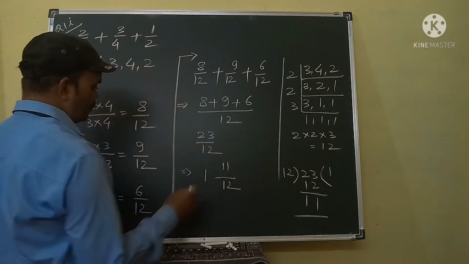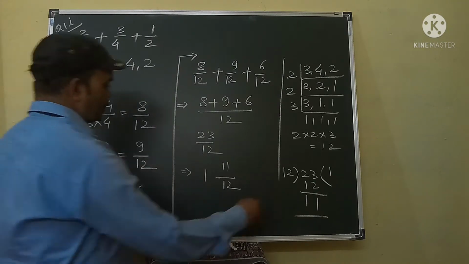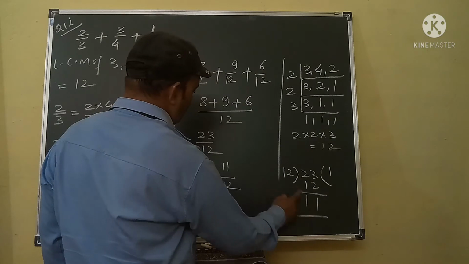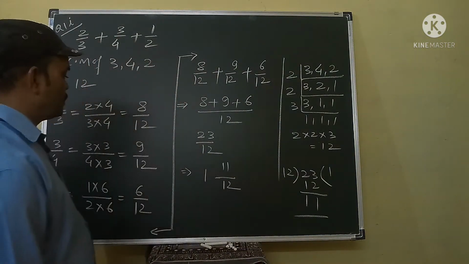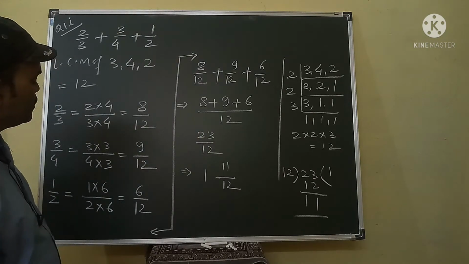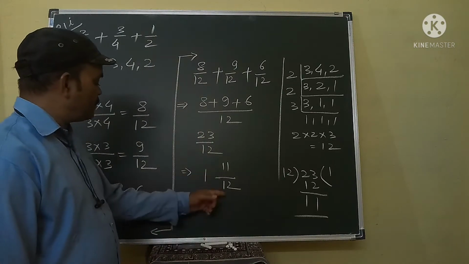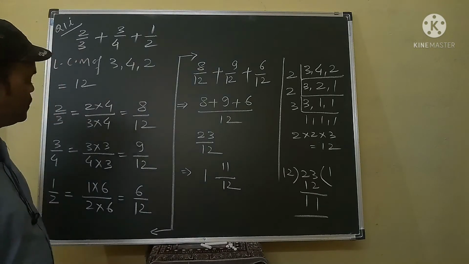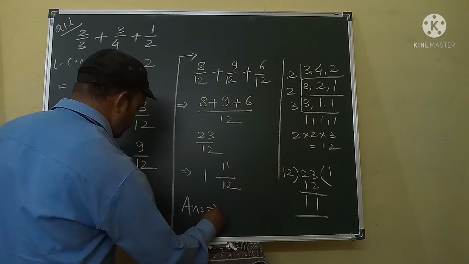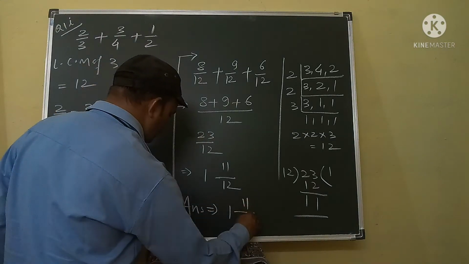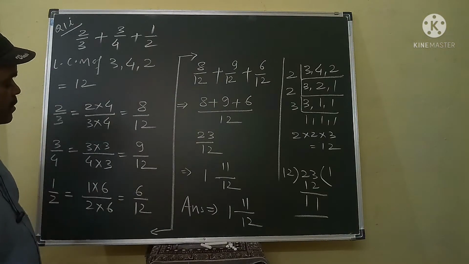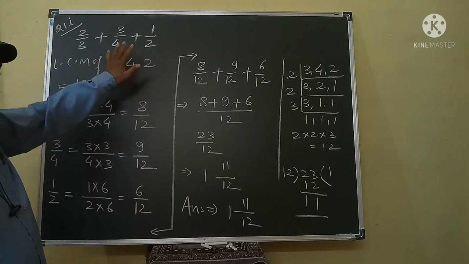This 1 is quotient, 11 is remainder, and 12 is divisor. So 23 upon 12 we can write as 1 and 11 upon 12. This is the required answer for the required question.